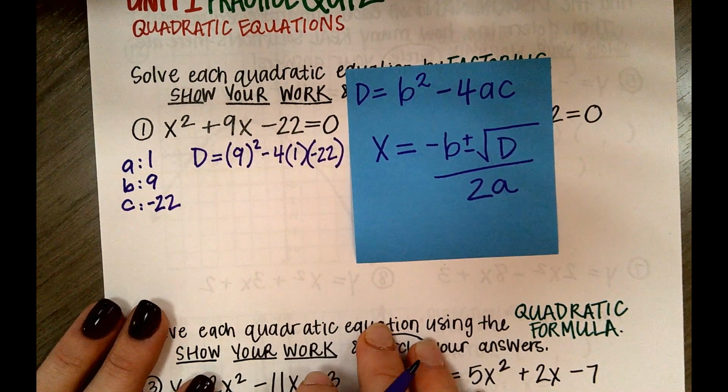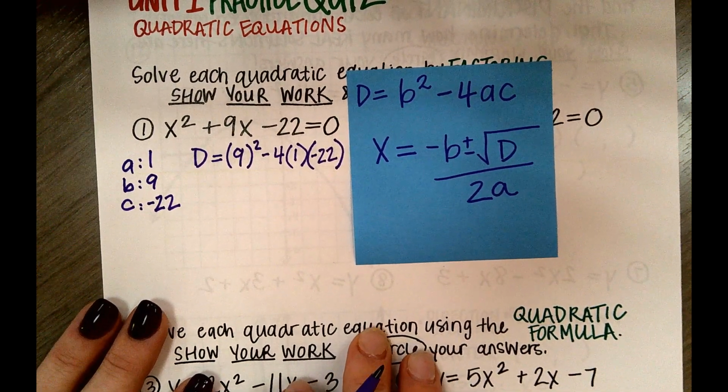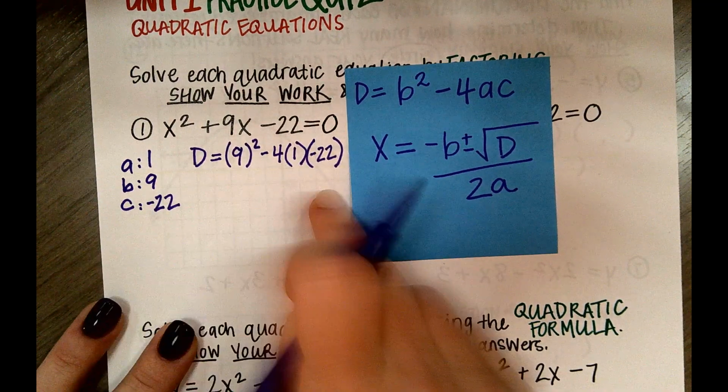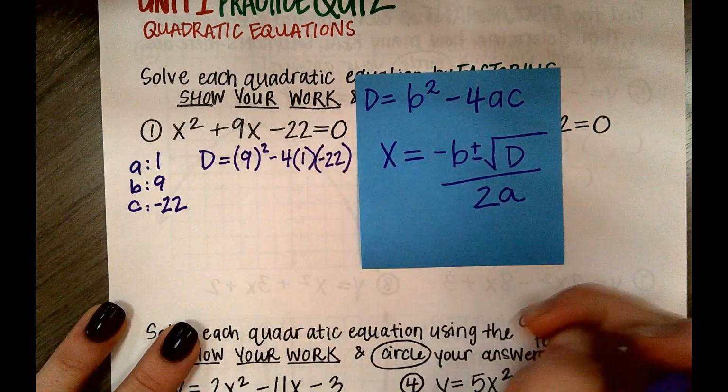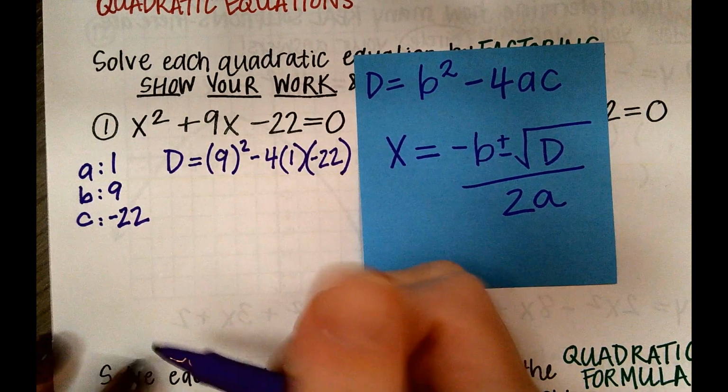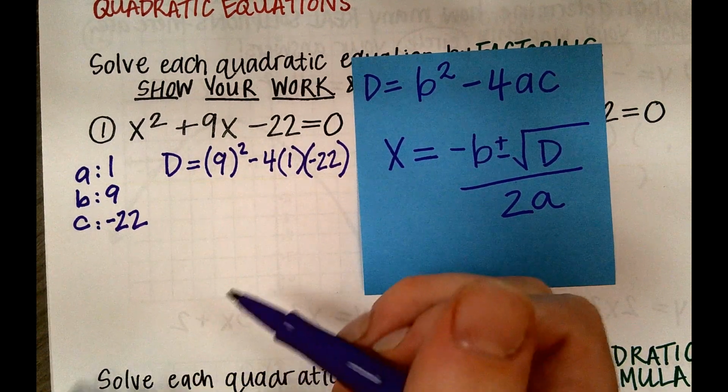Okay. Now, we have that. Let me give you guys a moment. I'm not going to work it out in front of you. Find the discriminant using this. I'll give you a moment to think about it. And just give me a thumbs up when you got it.